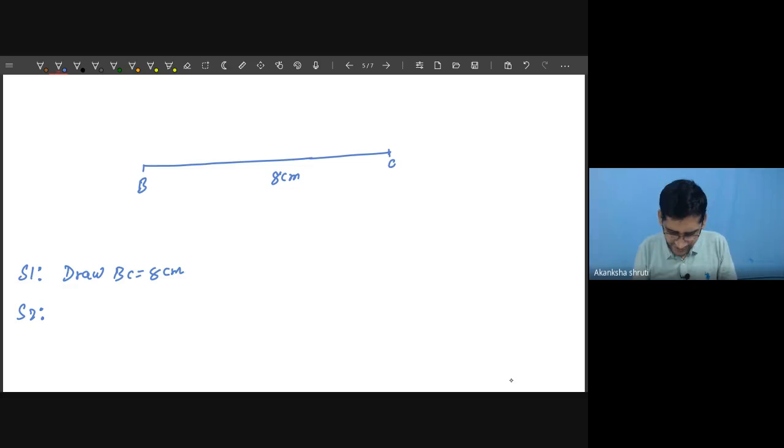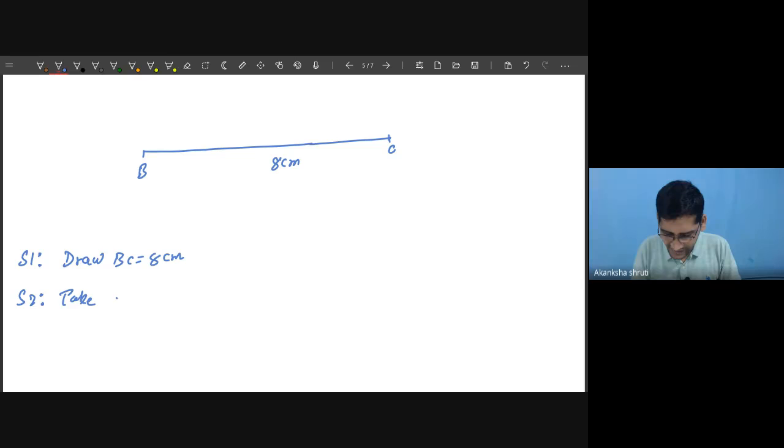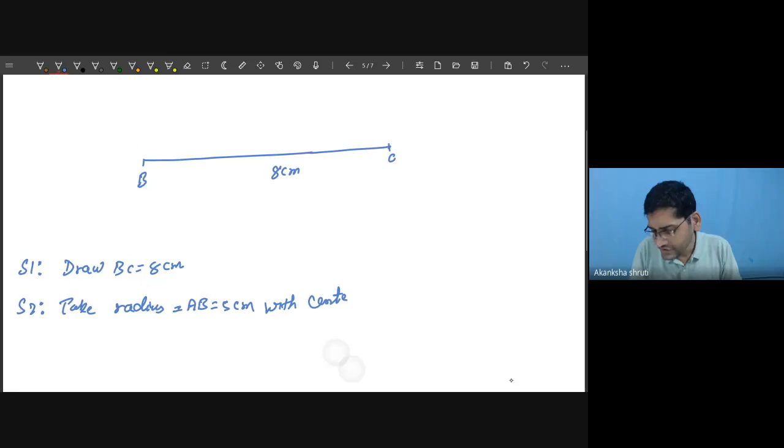So take radius equal to AB, 5 centimeter, with center B. Which center, student?